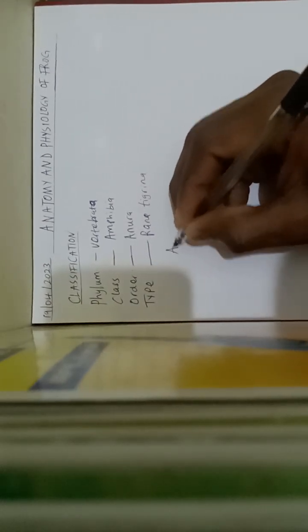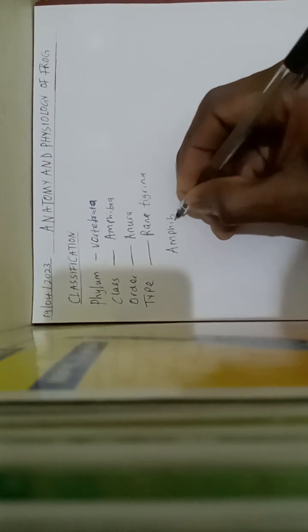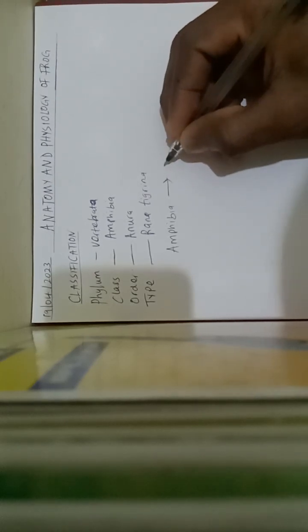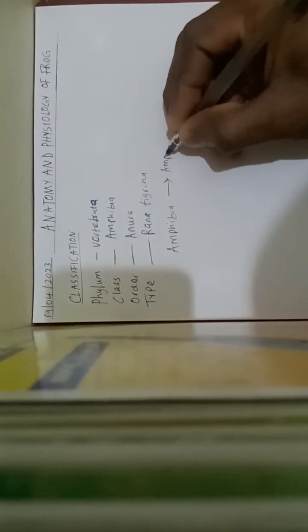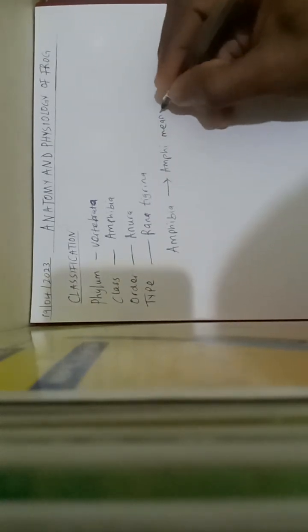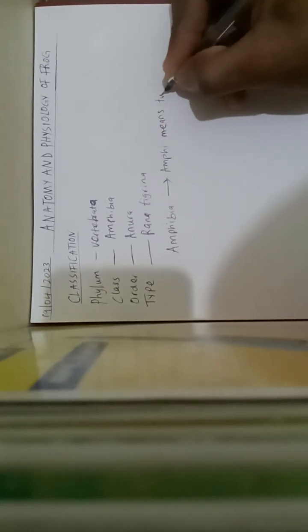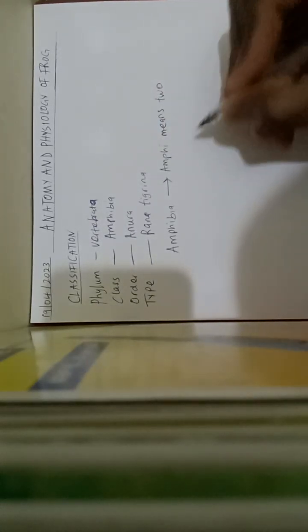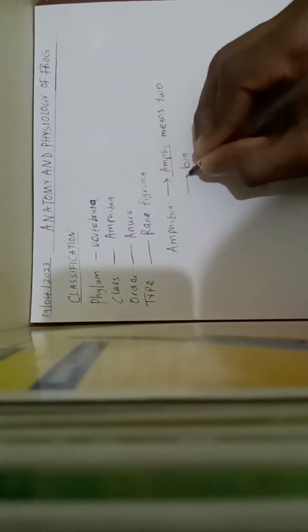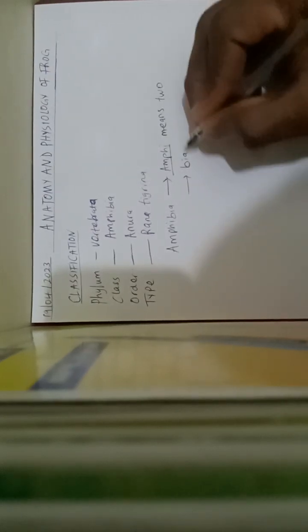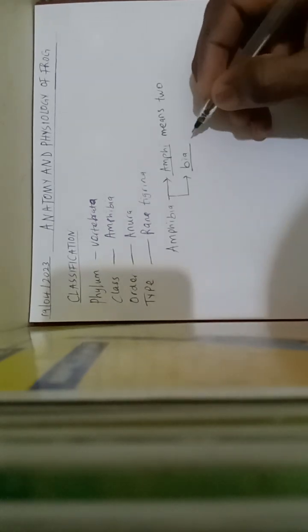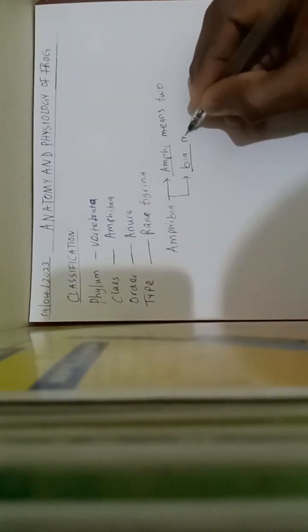So amphibians means two things. Amphi means two, while bio means media.